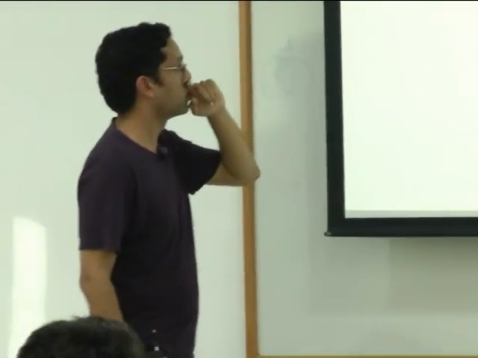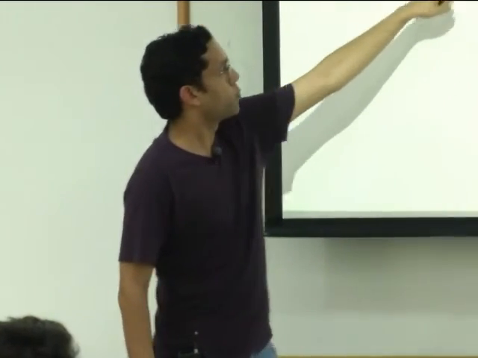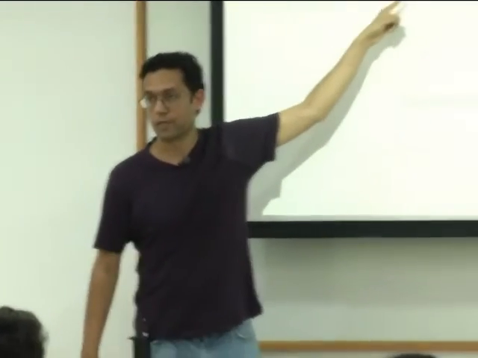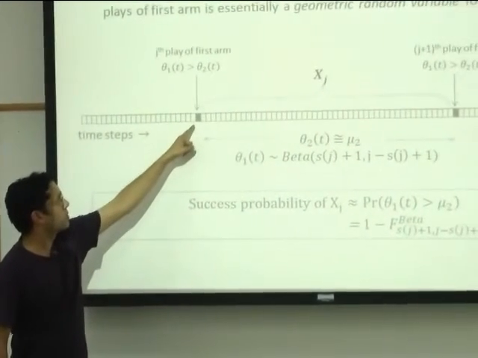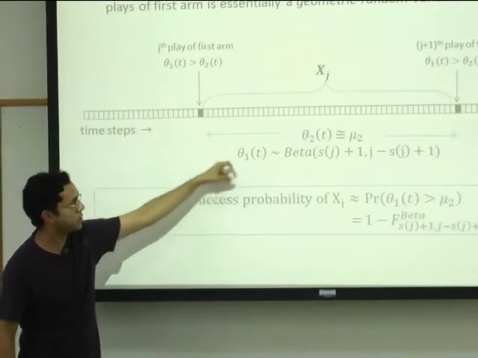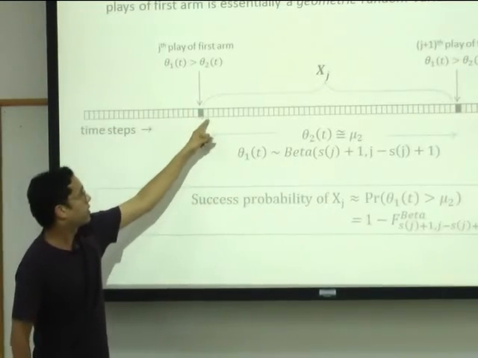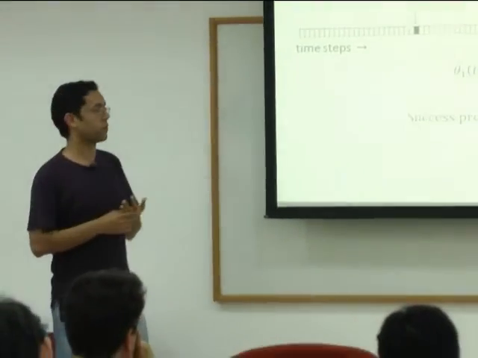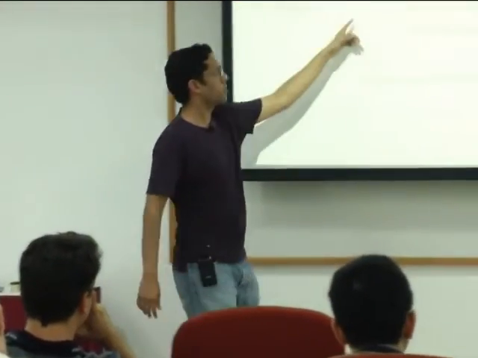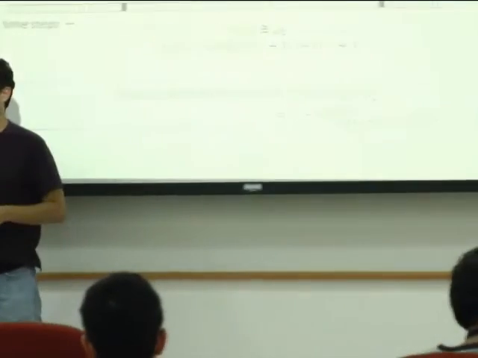Why is that? Because at this point, the number of successes was s of j, and the theta variable had this distribution. And at each point here, we did not play the first arm, so we did not update the distribution for the first arm. And all throughout this interval, the distribution will remain the same.